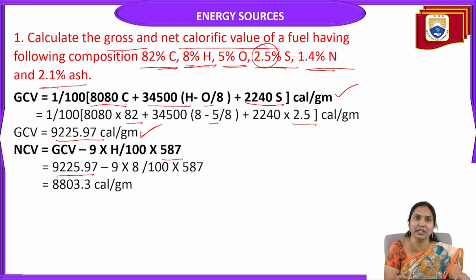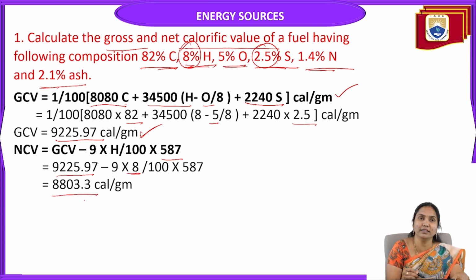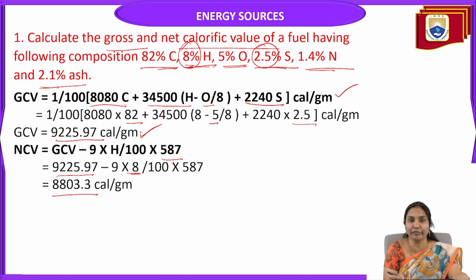We substitute here minus 9 into hydrogen percentage 8, by 100 into 587. So it equals 8803.3 calories per gram. In this way we can calculate the high calorific value and net calorific value by using Dulong's formula.